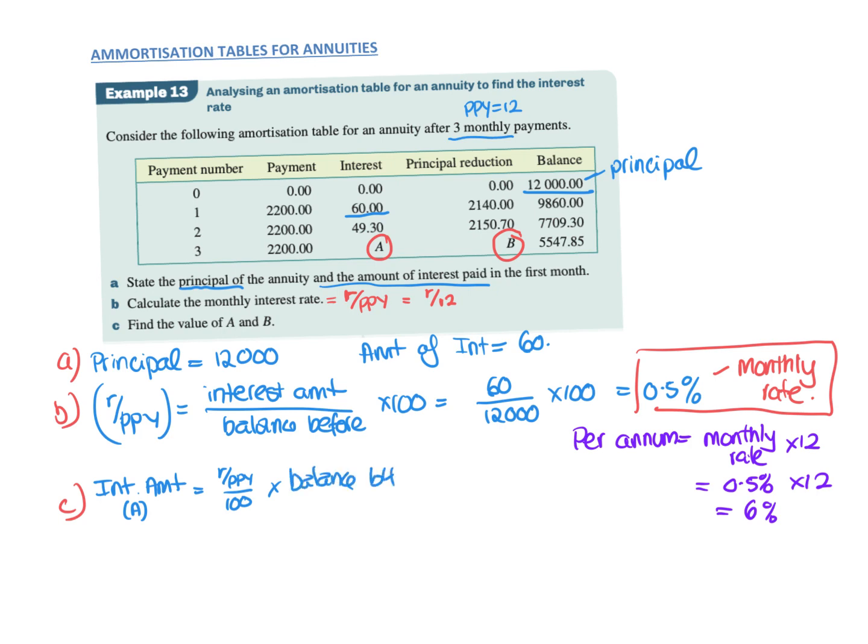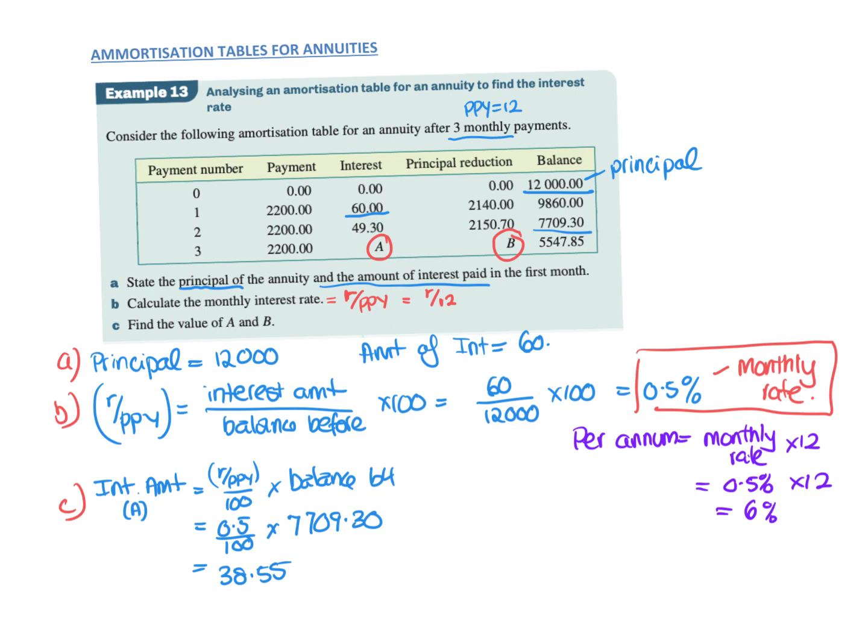So in this case, you could have just done 0.5 over 100 because you know that's the month. So I'm doing 0.5 times the balance before, which was the balance before of A was 7,709.30, and I end up with an interest amount of 38.55.